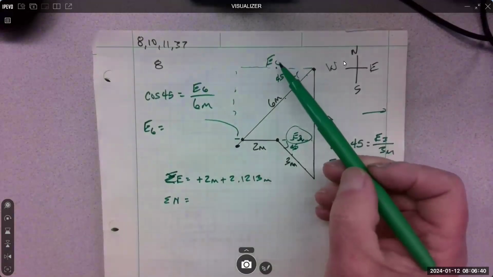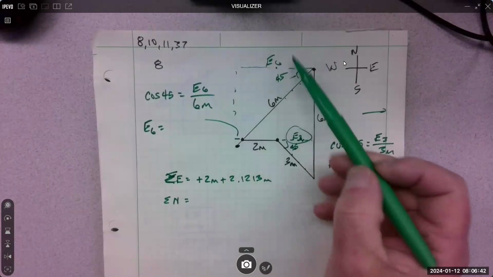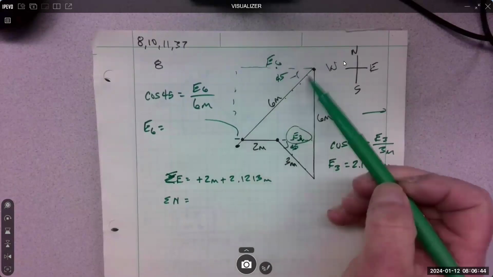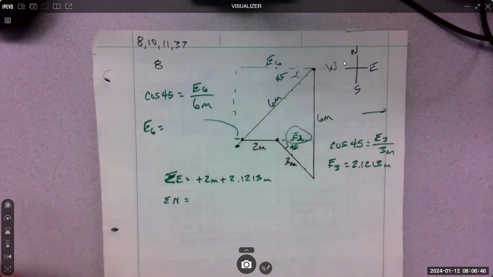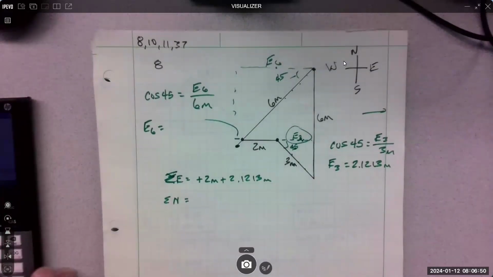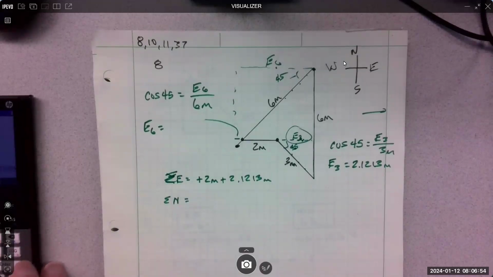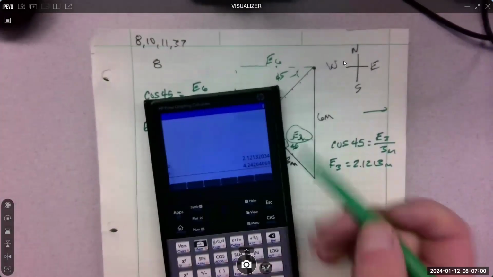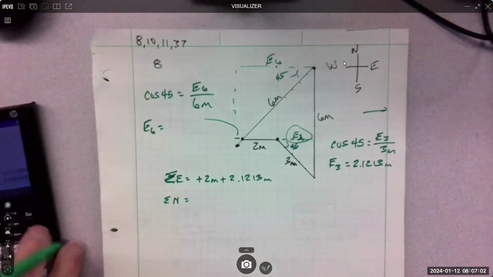So if you're solving for this, it should be noted, the angle and the side, so somebody other than you can put it together. 6 times cosine 45 should be 2 times that, as Evan says. Looks like it is.